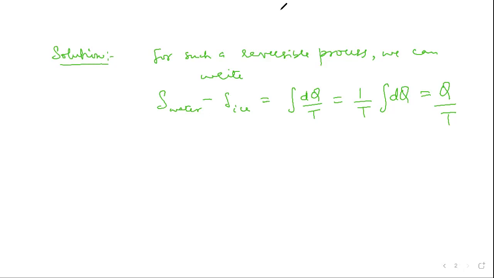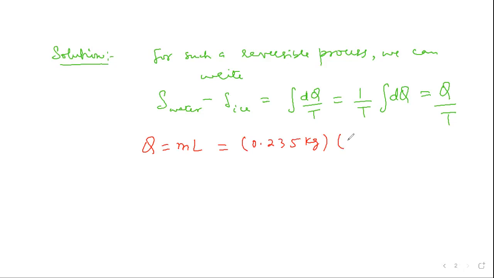Now this Q is mL. Q is the amount of heat put into the ice, m is the mass of ice, L is its latent heat of fusion. So mass of the ice is given as 235 grams. I write it in kgs, that is 0.235 kilograms.